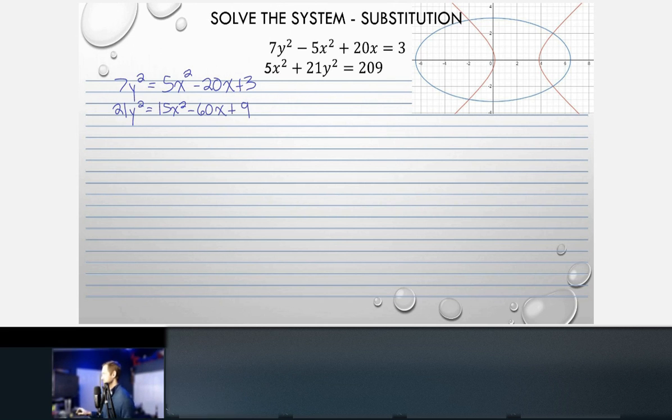So far, so good? Yeah. Now, can we replace this 21y squared with what it equals right here? Can this piece become this? Yes, it can. So let's go ahead and do that now.